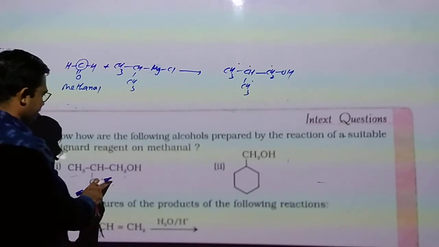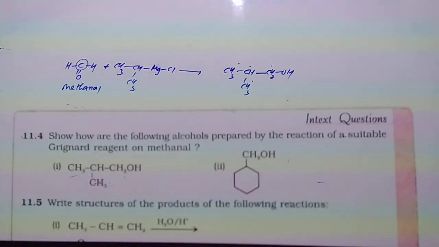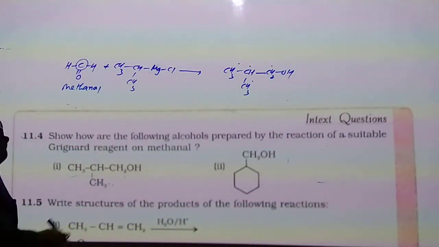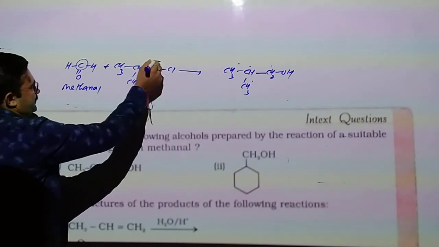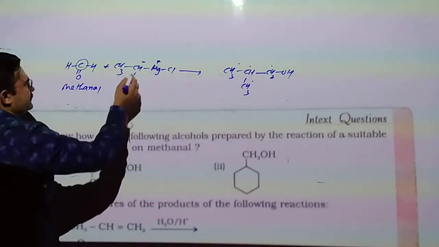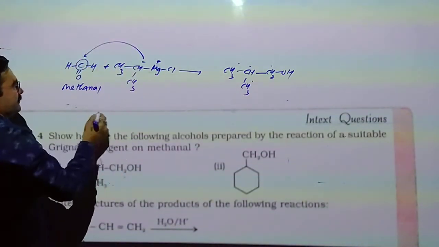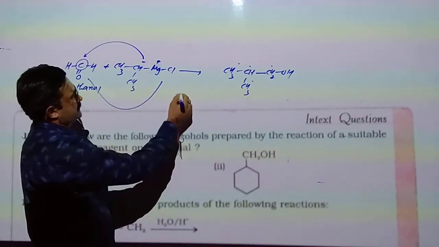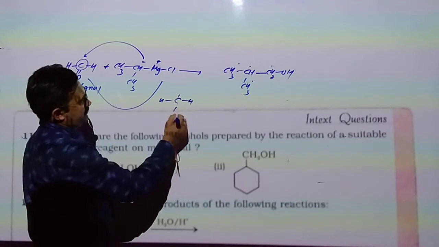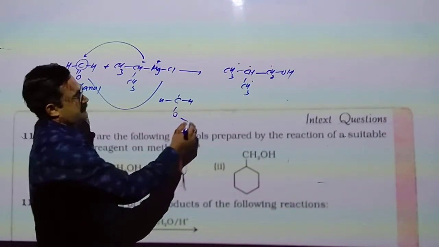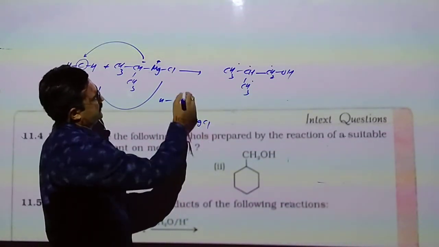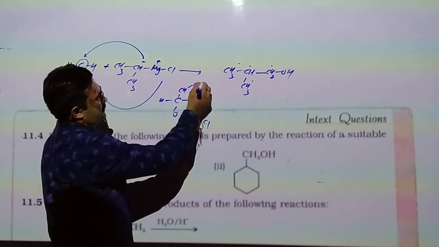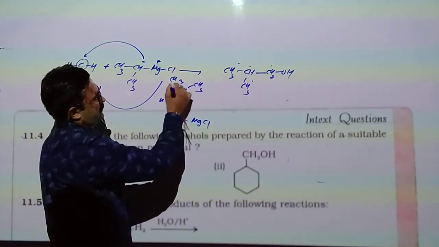You can see isopropyl magnesium chloride. This part is positive and negative. It combines with carbon, MgCl with oxygen. Here the bond breaks between carbon and oxygen, O with MgCl, and the isopropyl group combines.